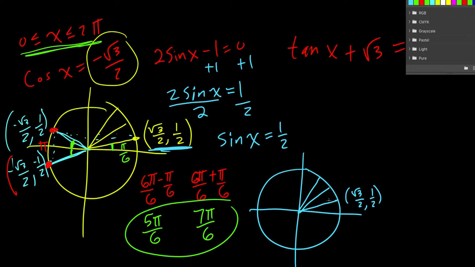Okay, so now the only difference is, we're going to reflect over here, but since it's a positive y value, it's going to be those 2 points. And so the first one is kind of given to us, right? Because we know what this is. It's just pi/6. So the first answer for this one is pi over 6.